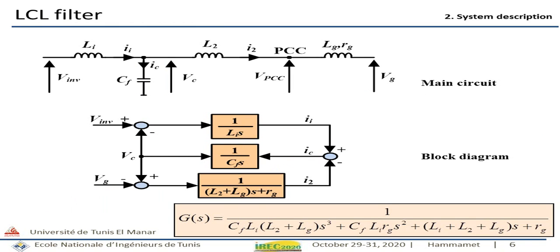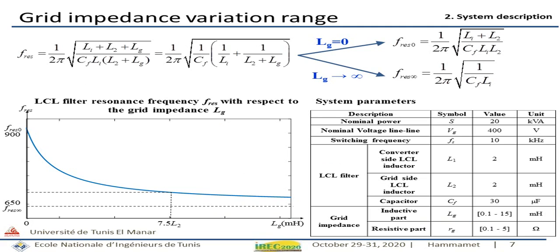The slide shows the main circuit of the LCL filter at the output of the DC-AC converter and its block diagram as well as the deduced transfer function. The goal of this slide is to fix an approximate variation range of the grid impedance, which can be determined based on the LCL filter resonance frequency.